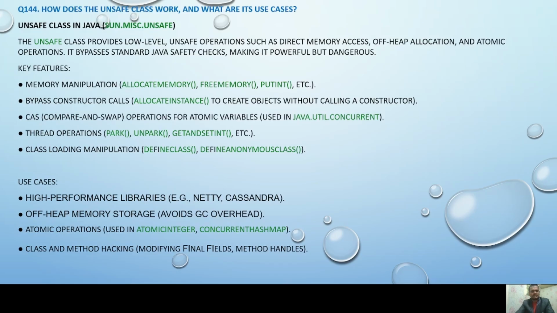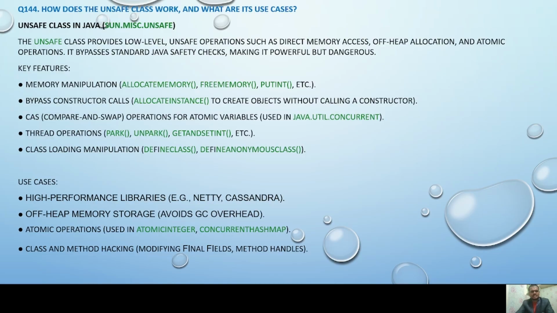Next question. How does the Unsafe class work and what are its use cases? Unsafe class in Java, sun.misc.Unsafe. The Unsafe class provides low-level unsafe operations such as direct memory access, off-heap allocation, and atomic operations.